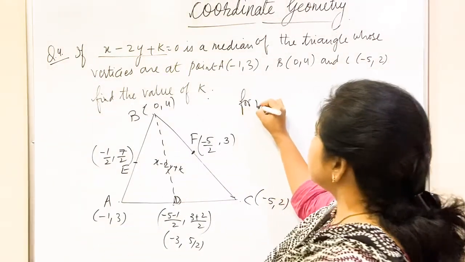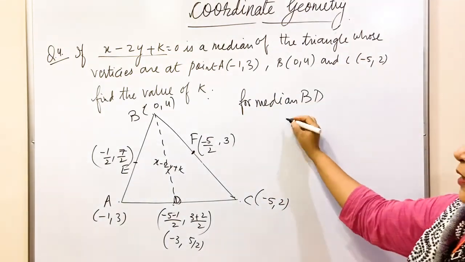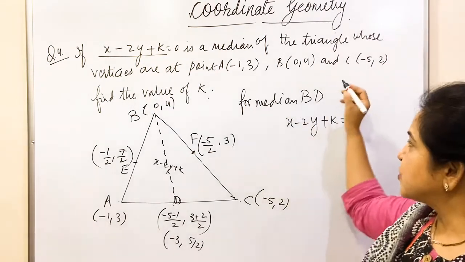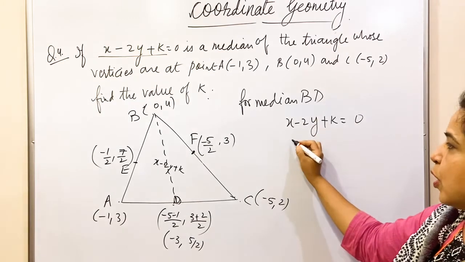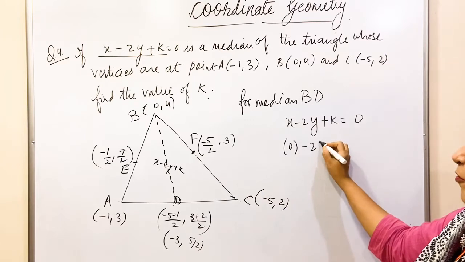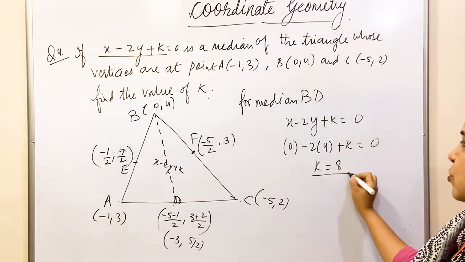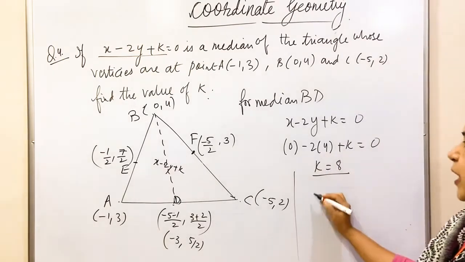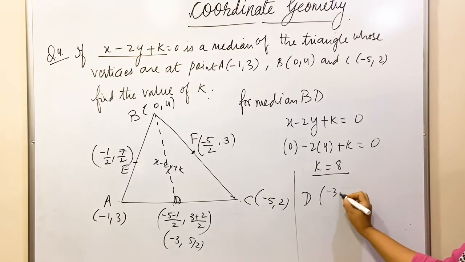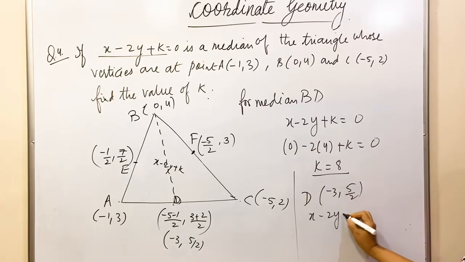So for median BD, the equation is this. It must satisfy B also and D also. Putting the coordinates of B, x as 0, y as 4, we are getting k equals 8. And putting the coordinates of D, D is (minus 3, 5 by 2), this should also satisfy this equation.